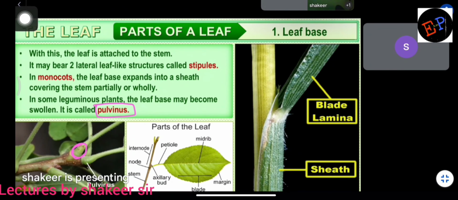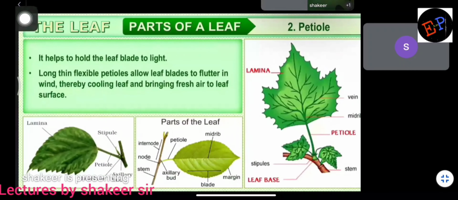This is another important point to understand. Generally, the leaf base in monocotyledonous plants partially covers the stem, and in leguminous plants it becomes swollen, called the pulvinus. Fine, that's it.